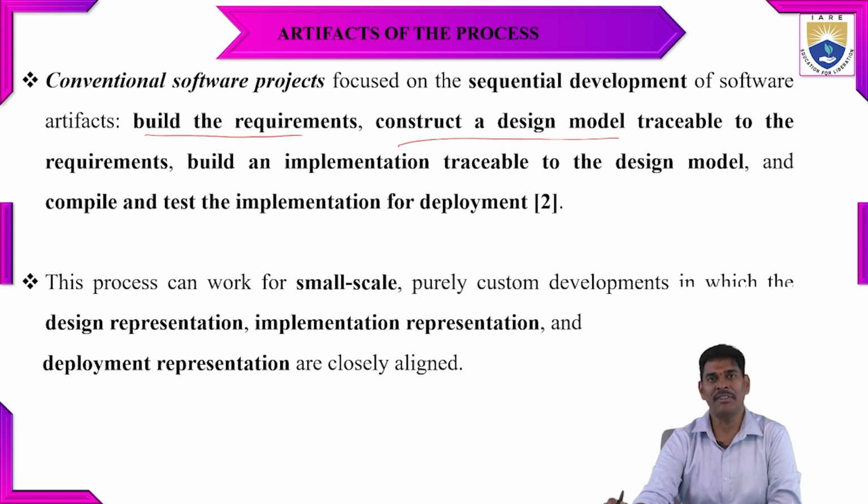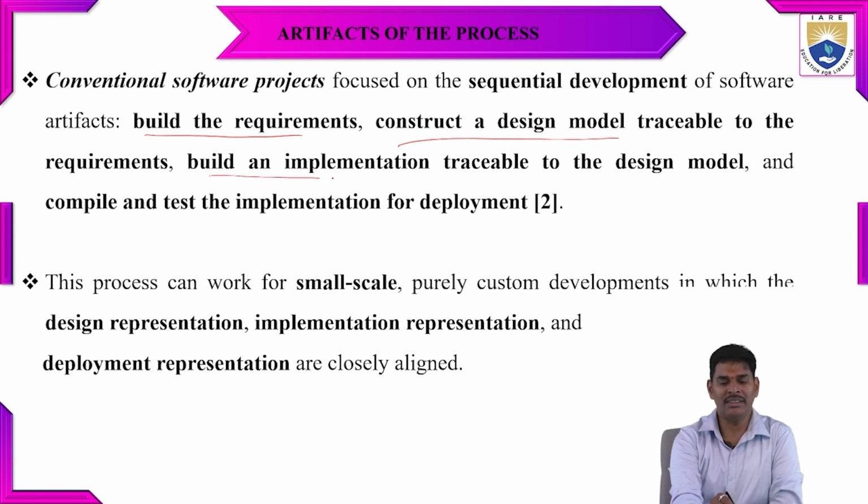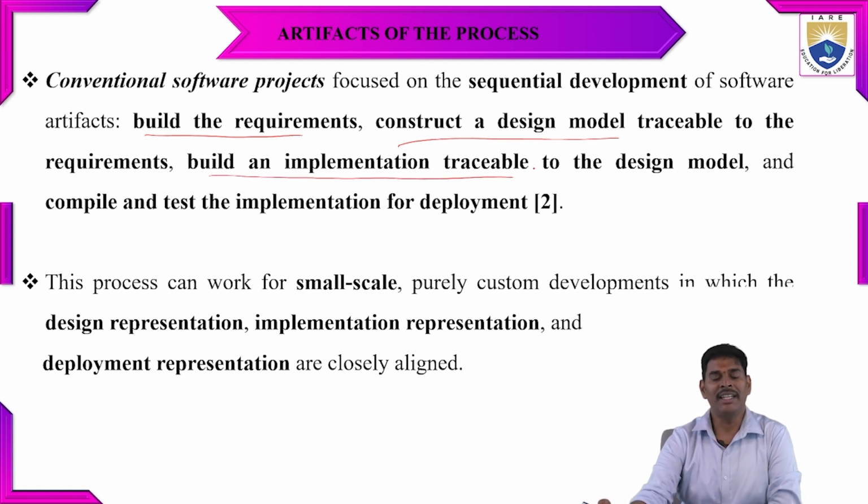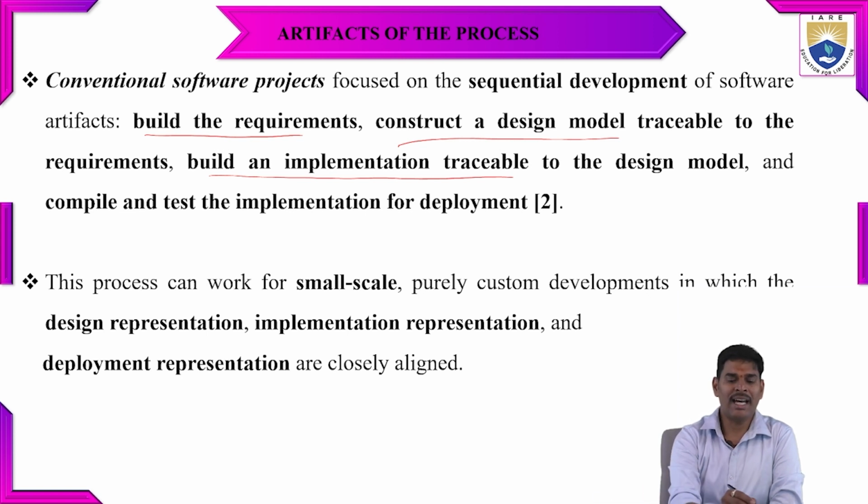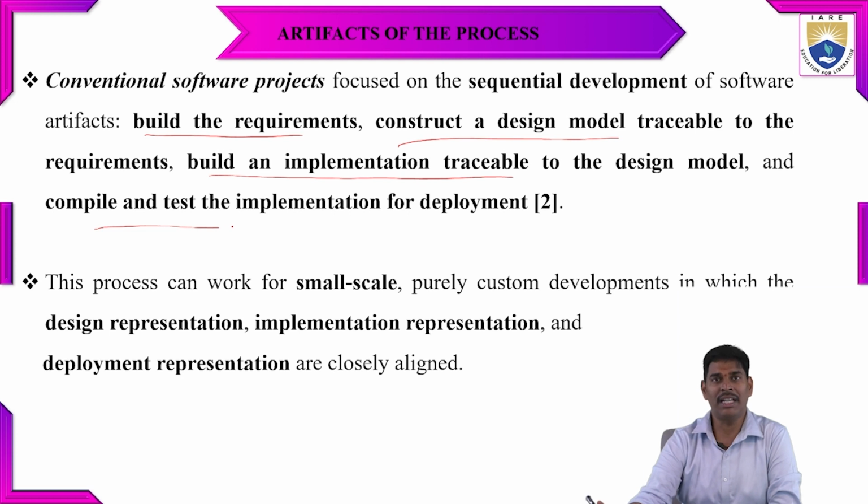The next stage we can call the design or the architecture part. After designing the components, the next one is implementation, which is very important to trace to the design model. And the last one is compile and test the implementation for deployment.